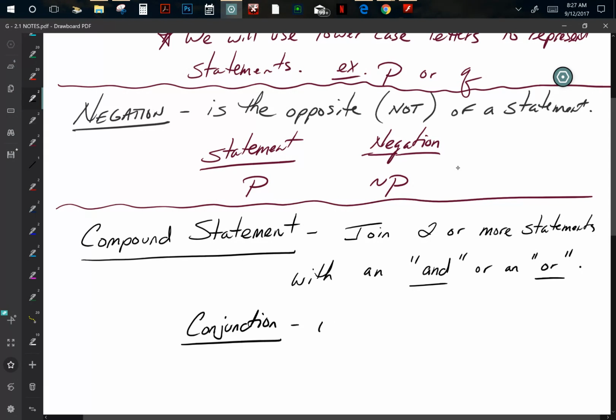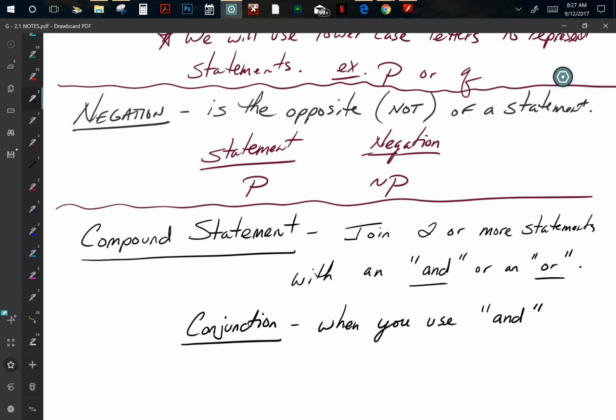Conjunction. I'm putting quotes because my italicized letters aren't real good. You can't really tell the difference, right?